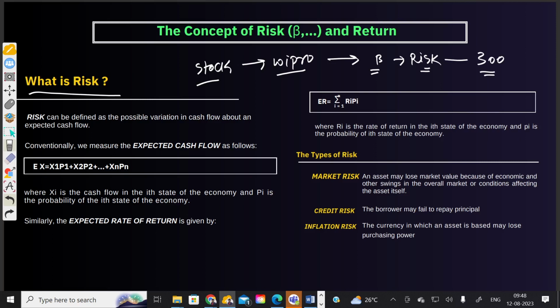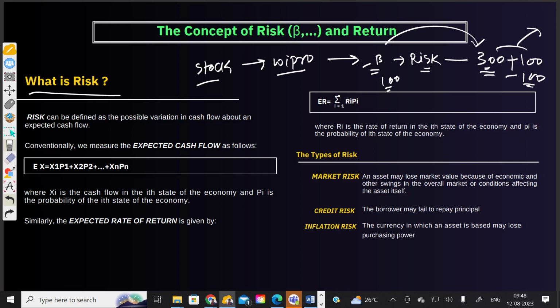If I calculate the beta and the beta is negative 100 points, let's assume, then this price may go up by 100. If the beta is positive, it means the risk is positive, then you might see a downward risk of 100 rupees. So this is how your beta works.